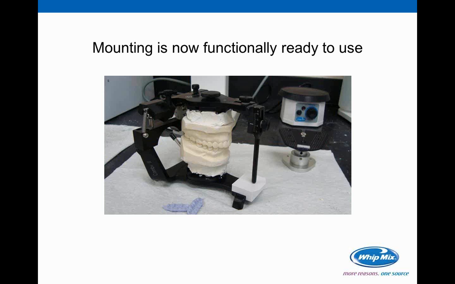But at least you'll be closer to the averages of the human skull and its function with the jaw, so that your restoration now will function properly when it gets back to the patient. You should have much less doctor adjustment to the crowns and the bridges that you're manufacturing.